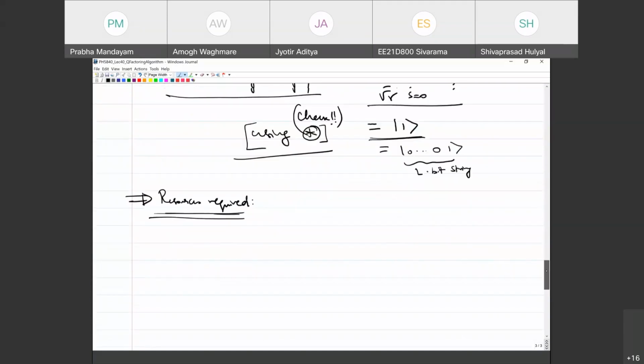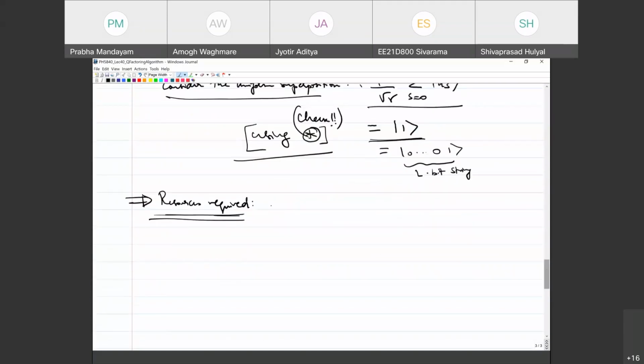So it turns out that you need order LQ gates to do the controlled powers of U, the controlled U to the K operations. There is again a trick to do this called modular exponentiation.